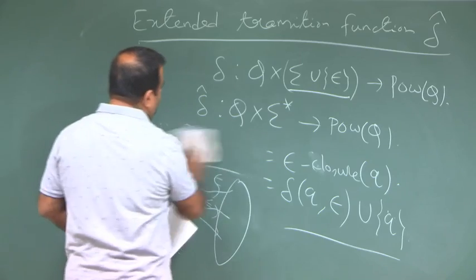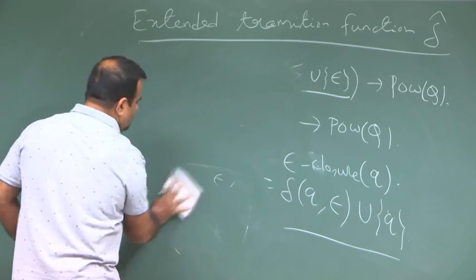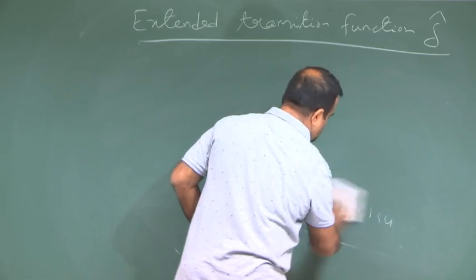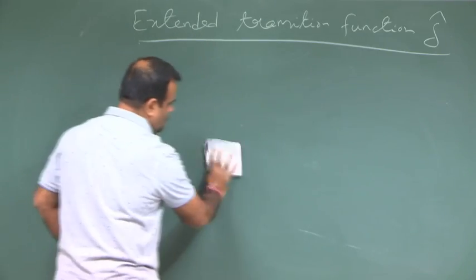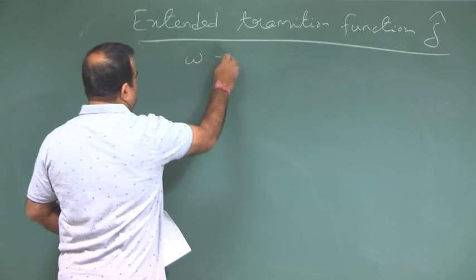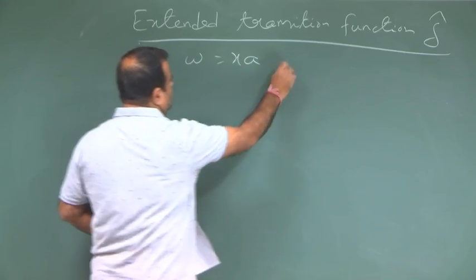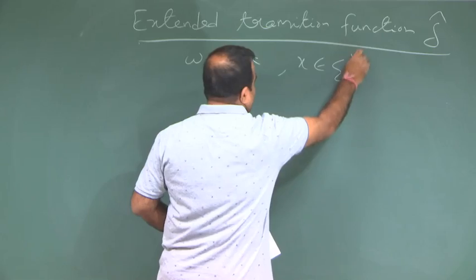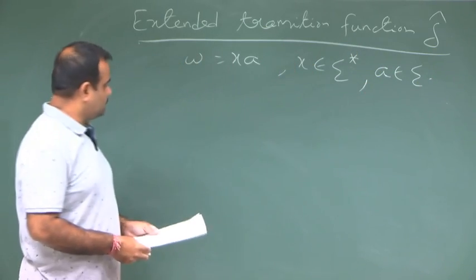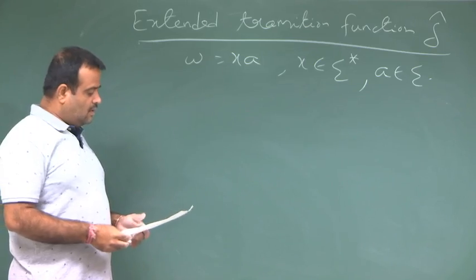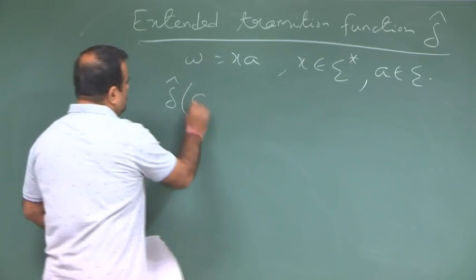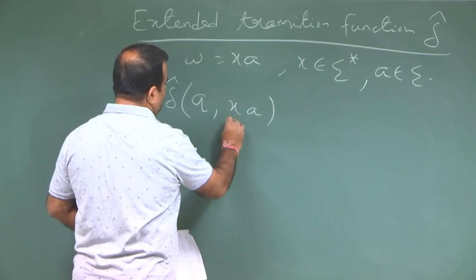Now we extend this for other than epsilon. So, general w. w is equal to x a. Here x is a string and a is an alphabet. Now, how to define this? So delta hat of q x a.